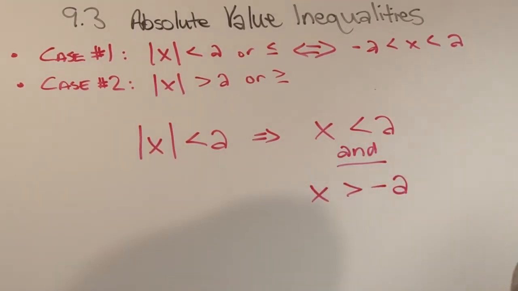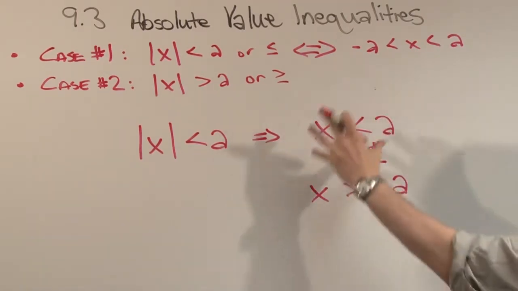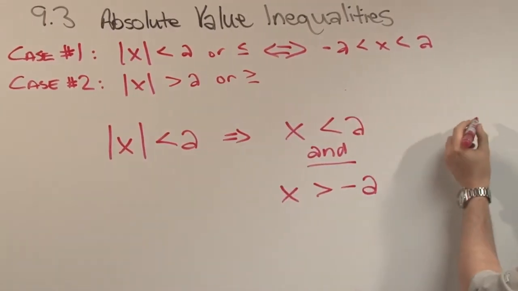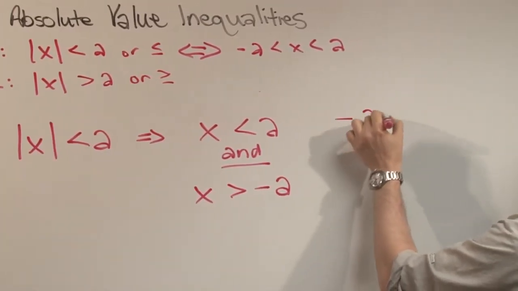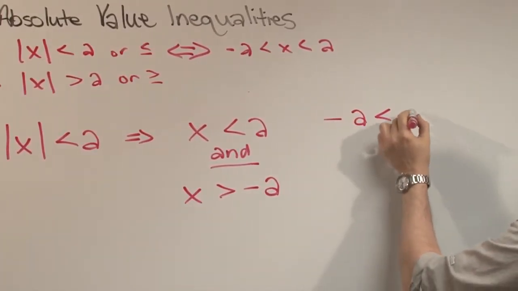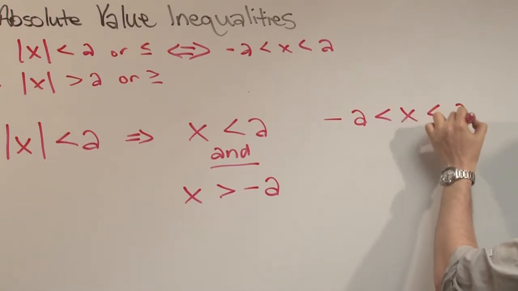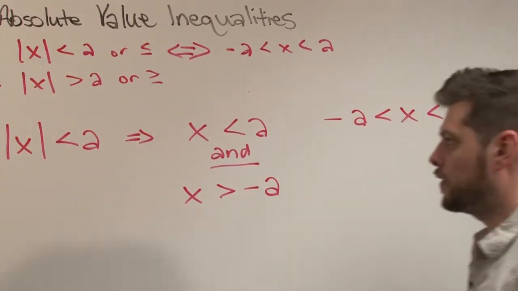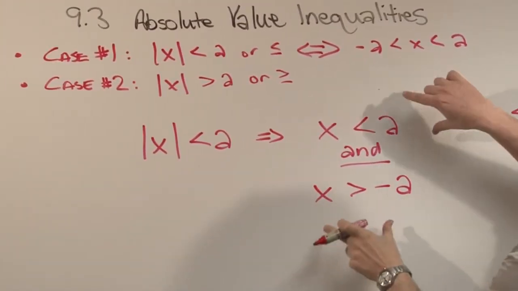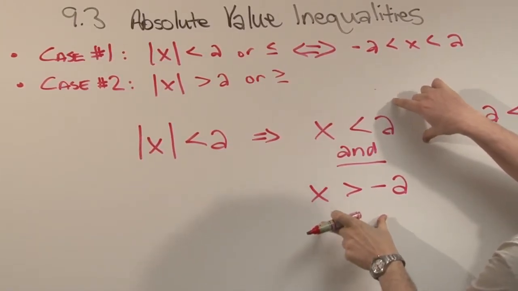And we demonstrated this on the number line to prove that this is true. And then we rewrote this expression with the and as a compound inequality, where we could then put x between negative a and a.